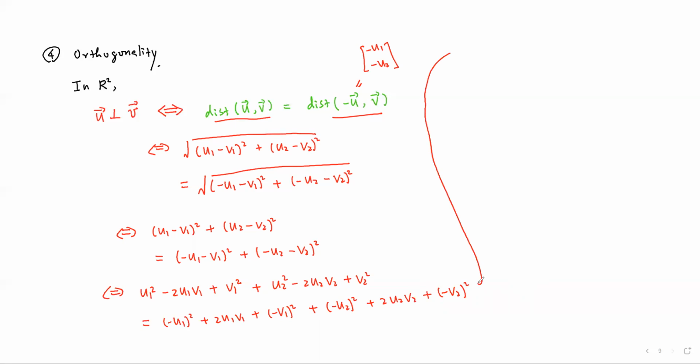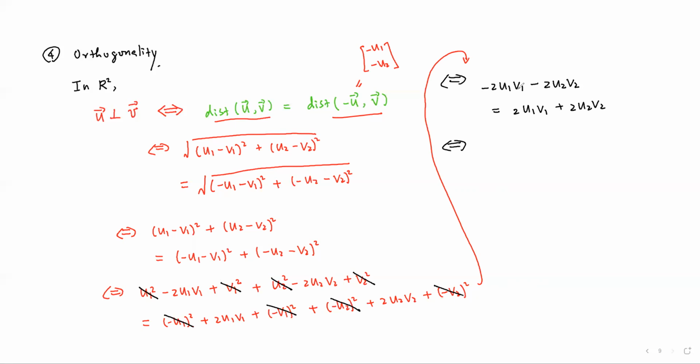Now simplify this equation. The u1 squared and negative u1 squared cancel, v1 squared cancels, u2 squared cancels, v2 squared cancels. So the left side, minus 2 u1 v1 minus 2 u2 v2, is equal to the right side, 2 u1 v1 plus 2 u2 v2.